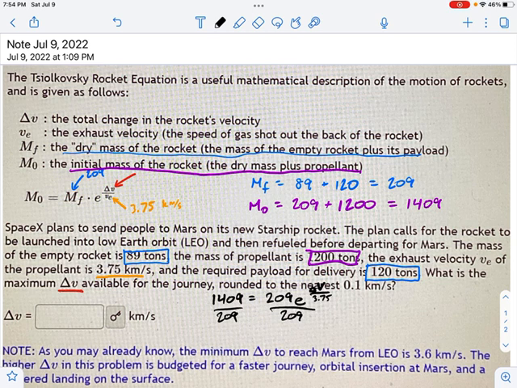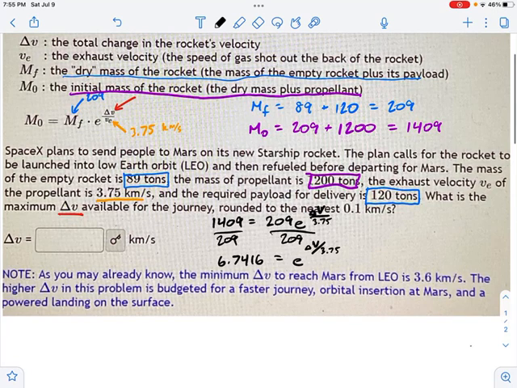1,409 divided by 209. That's 6.7416. I'm going to use lots of decimals. 6.7416 equals e to the delta V, that's the thing we want, divided by 3.75. Okay, so now all we have to do is take a logarithm of both sides. Let me just set up this idea of a logarithm of both sides.